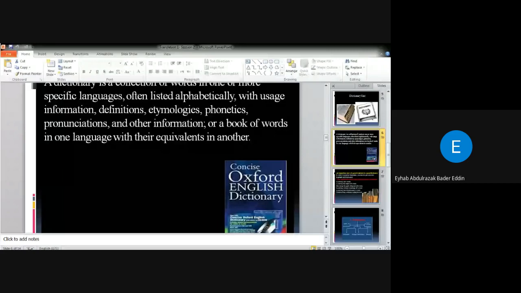Doctor, are you moving the presentation? Because I'm seeing the screen stuck. Okay. What can you see now? Just the same slide.